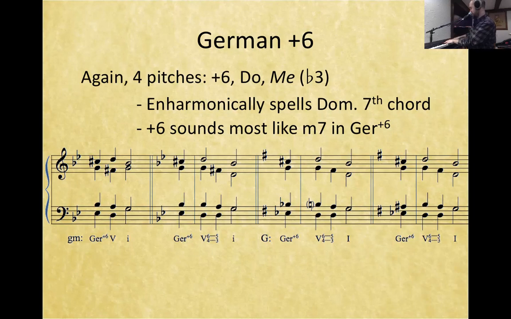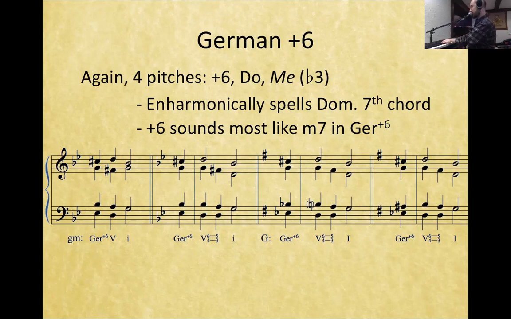Uh-oh. And we run into the inherent problem of the German augmented sixth. If we go directly to 5, we've got a chord here where all the notes pretty much need to go somewhere, right? Fi needs to go to sol, lay needs to go to sol, and in the altos, do needs to go to ti.